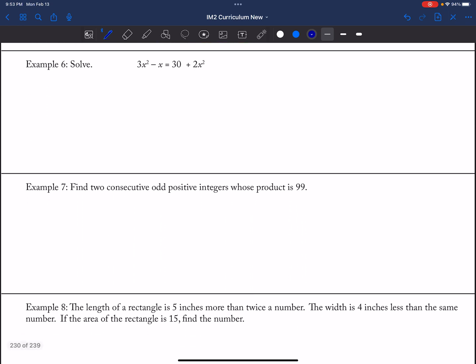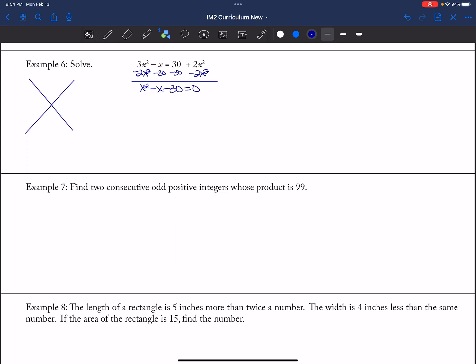Okay. Here, again, make one side equal to 0, so I have x squared minus x minus 30 is equal to 0, because I'm going to subtract. Maybe I shouldn't skip steps for you. Subtract my 2x squared and minus 30 from both sides. So then I would get x squared minus x minus 30 is equal to 0.